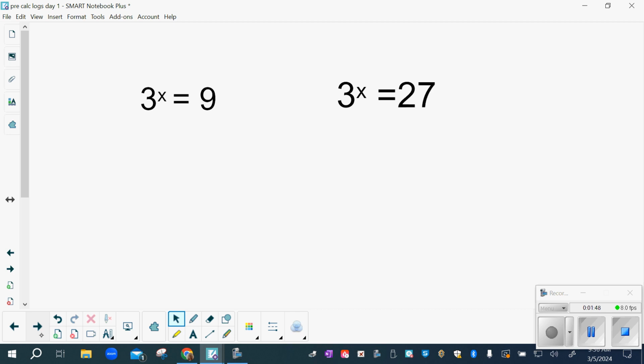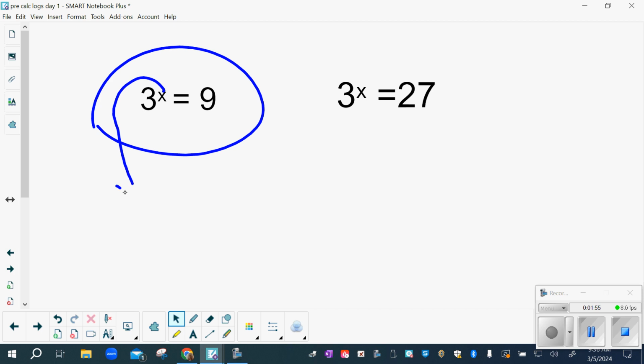All that a log is going to do is rewrite this baby so I can get this guy out of the attic. We need him to be down low. We can power something to make it bigger, and we can take the log of something. Now here's the other thing that's a bummer. When we multiply, we have a nice little symbol.